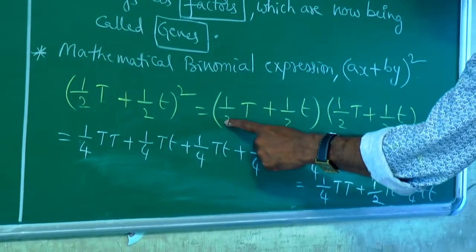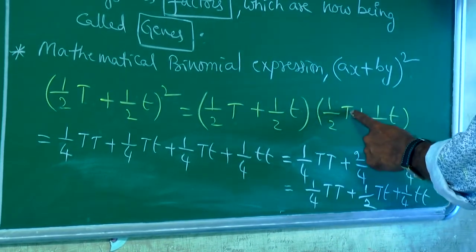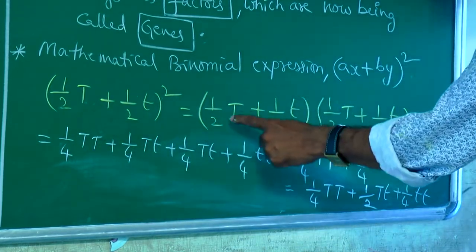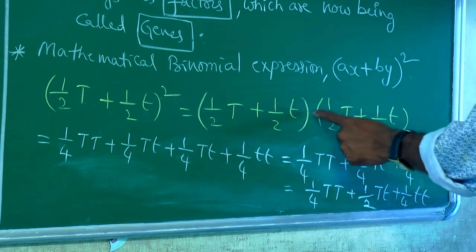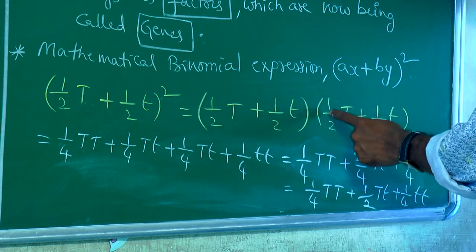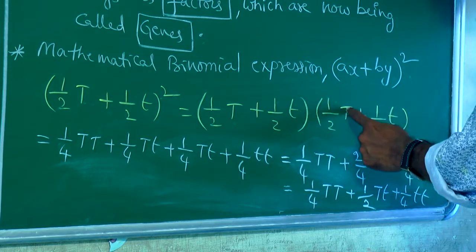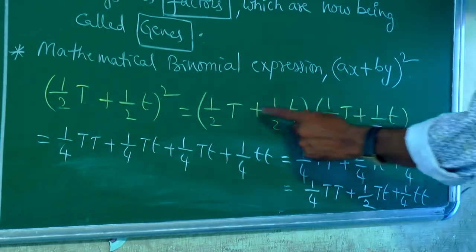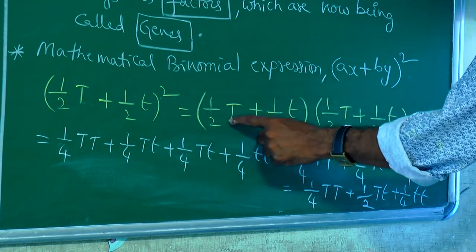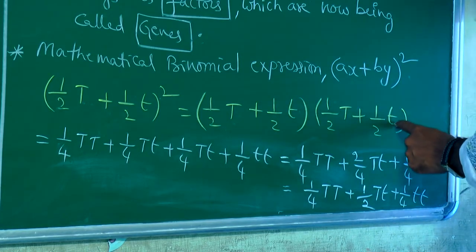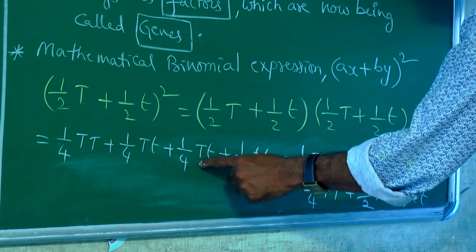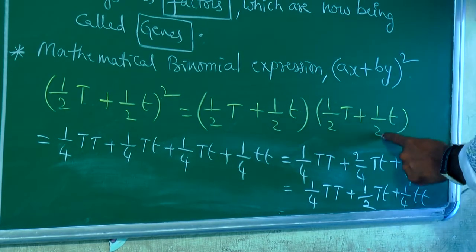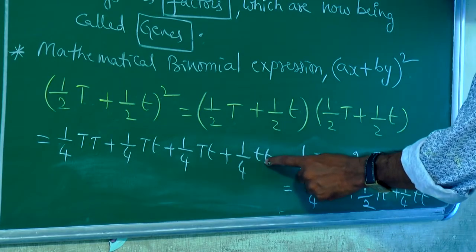See, 1/2 capital T into 1/2 capital T, that is how much? 1/4 capital T, capital T. Again, 1/2 small t into 1/2 capital T is 1/4 capital T small t. Later, 1/2 capital T into 1/2 small t is 1/4 capital T small t. Next, 1/2 small t into 1/2 small t is 1/4 small t, small t.